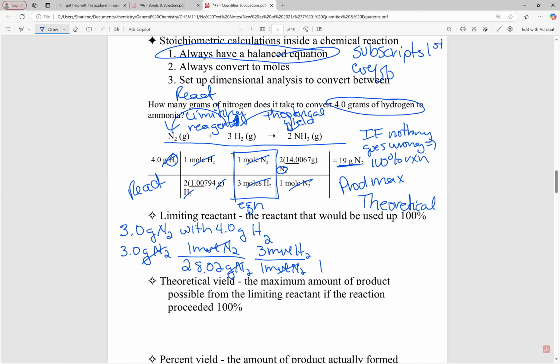So I know that for every 1 mole of hydrogen gas, there is 2.02 grams of hydrogen gas. So I asked, if I start with 3 grams of nitrogen, how much hydrogen do I need in grams? And then the math told me 0.65.